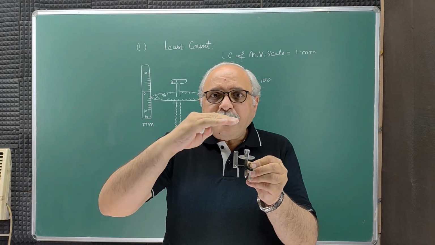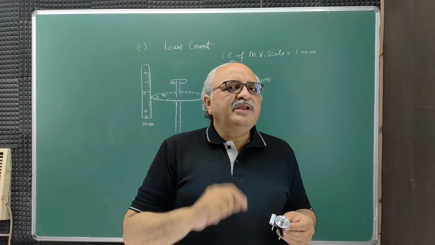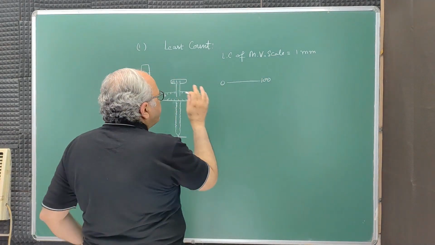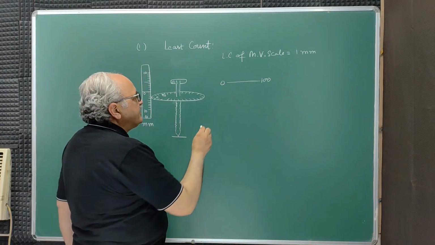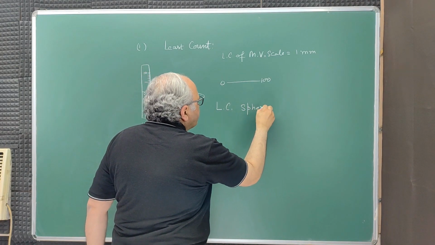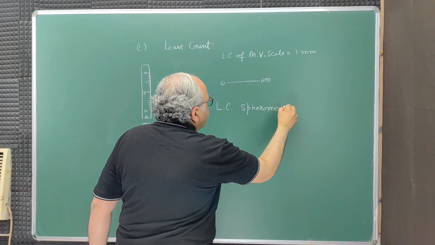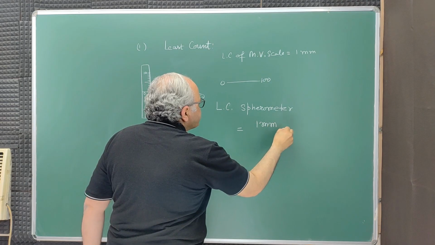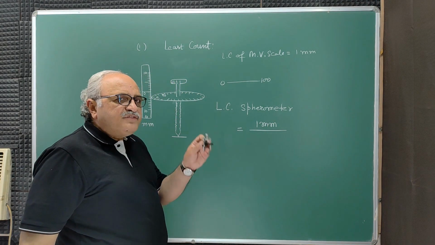It has gone up or down by 1 millimeter. So one full round is equivalent to 1 millimeter, which is the pitch of this screw.